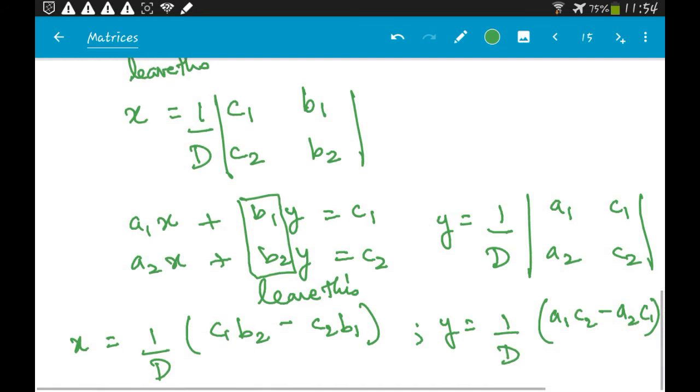So that is the way to do it. So these are our solutions. This is through Cramer's rule. So you can find the solutions of any system using Cramer's rule.